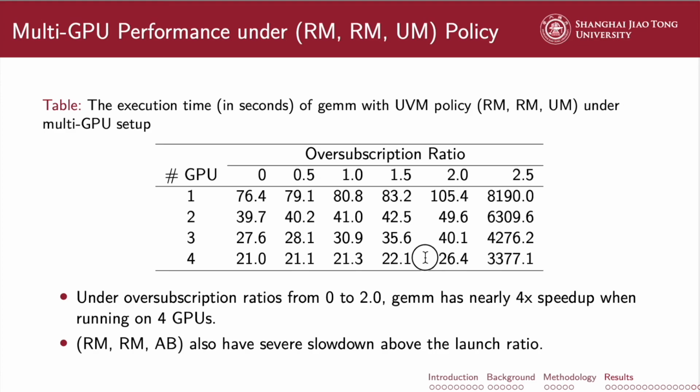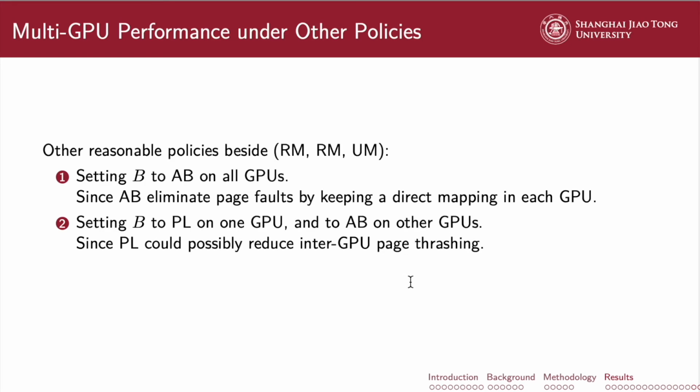We also notice it has the same slowdown above the launch ratio as before, since the 4 pages in B incur more faults as the ratio increases. We also tried other policies like the 2 listed.